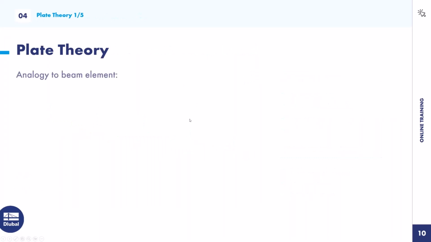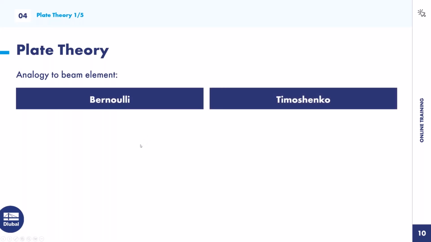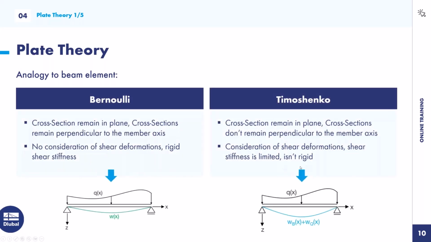So for the plate theory, we have the analogy to the beam elements. For the beam elements, we have on the one hand the Bernoulli beam, on the other hand the Timoshenko beam. The simple difference is the Timoshenko beam also considers deformations from the shear.